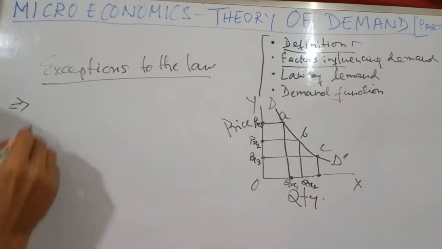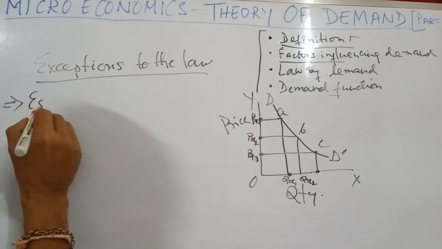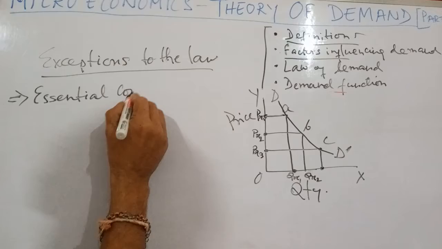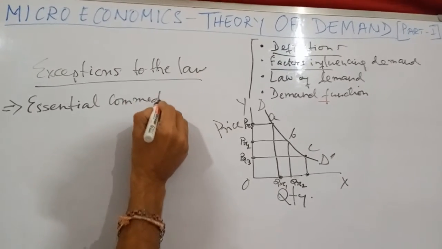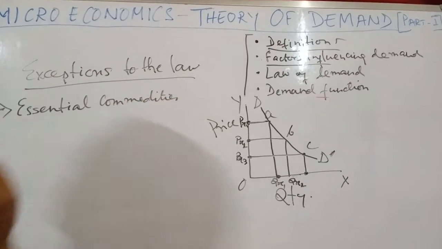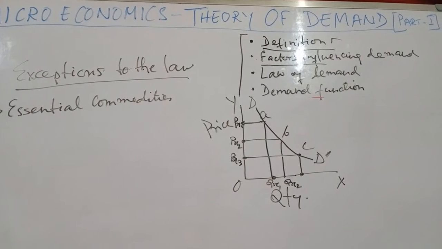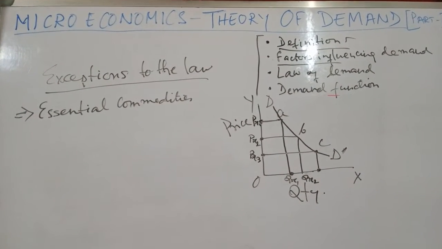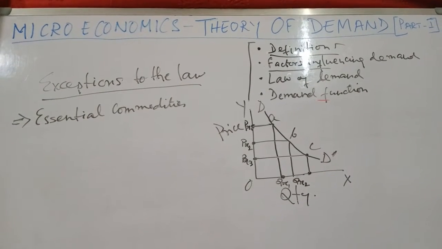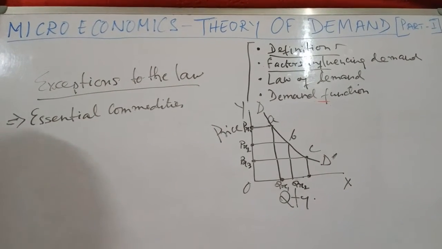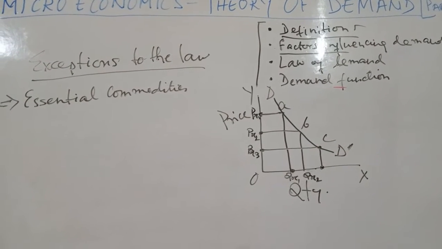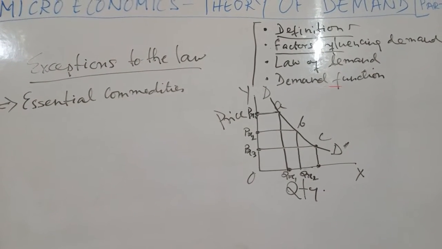Number one, essential commodities. The commodities which are absolutely essential do not follow the law of demand. Now, what is meant by absolutely essential commodities?